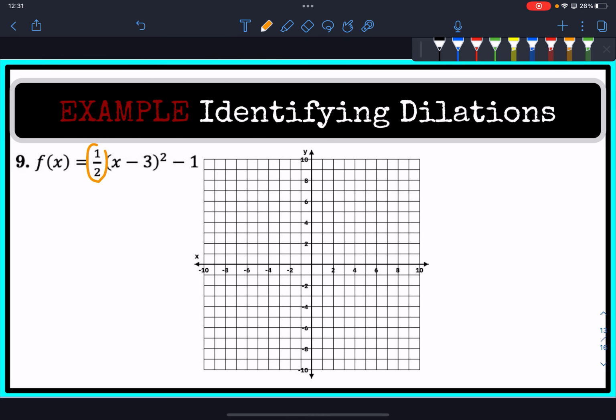This right here, since we're multiplying again by 1/2, and again, notice that it's not grouped inside the parentheses like the -3, this again is also going to be a vertical dilation. And because it's 1/2, this is going to be a compression.